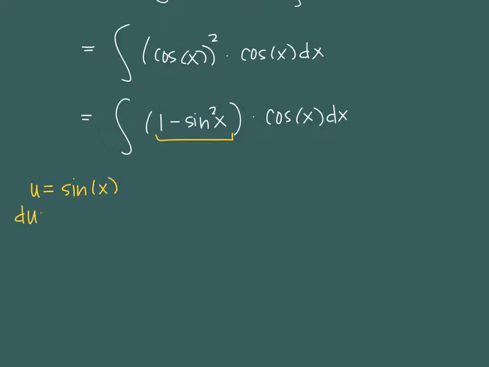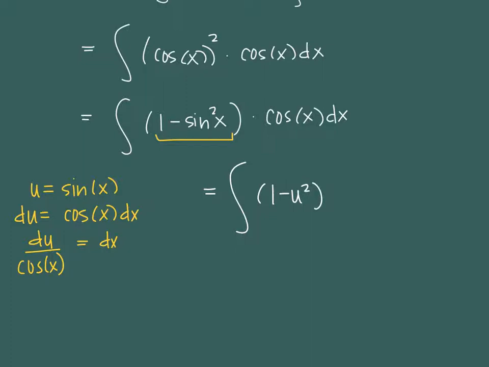And so then your differential on u would be the cosine of x dx, and dx would be du divided by cosine of x. So then I'm ready to do my u substitution, which will become 1 minus u squared. The cosine, as part of the product, still is there, but the du part is going to take care of that.